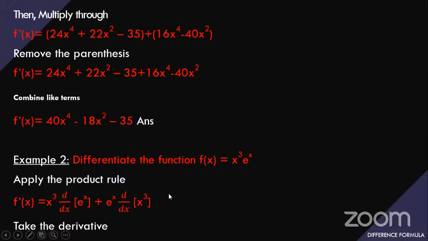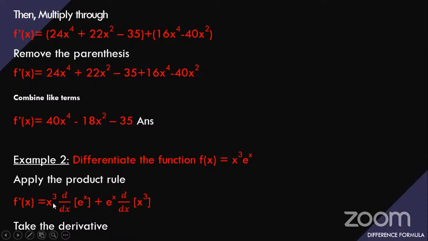So if we want to apply product rule in this function, product rule, as I've stated before, we have to do the derivative of the first function, then the derivative of the second function plus the second function and the derivative of the first function.